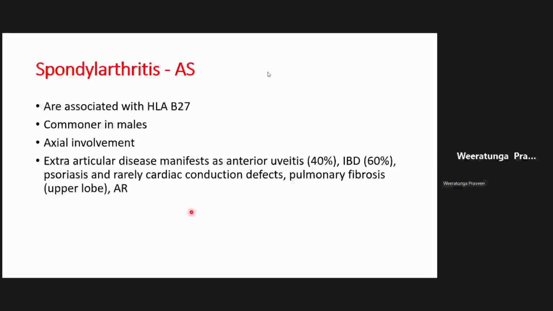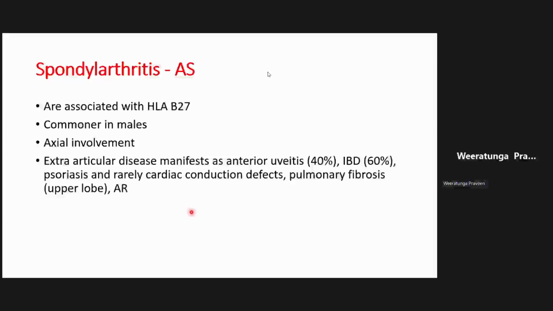I also, in the long case, told you that these spondyloarthritis tend to affect other parts of the musculoskeletal system, like the tendons, entheses, which are tendon insertion points, and also fascia. So you can get inflammation of the tendons, entheses, and fascia, like plantar fasciitis.